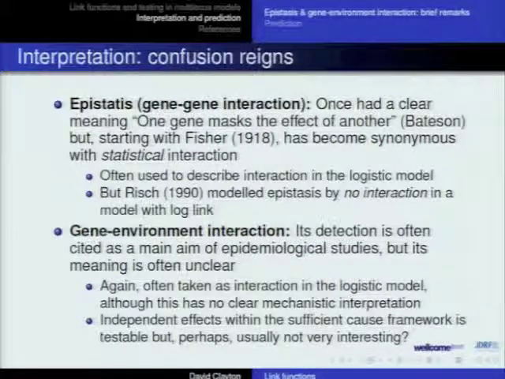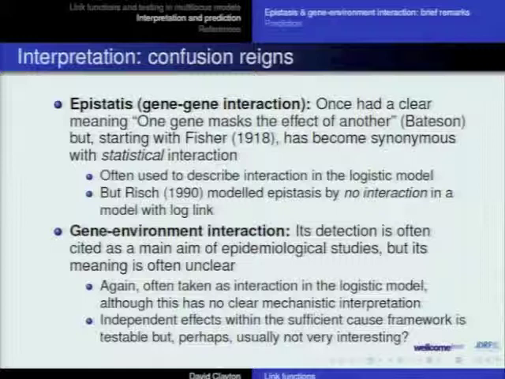And that's a deviation from the multiplicative model. While in fact, Risch, probably sensibly, used no interaction in the logistic regression model as a model for epistasis. So we have half the community describing as epistasis something which is the direct opposite of it in some ways. Gene-environment interaction is in every grant application, but is rarely defined.